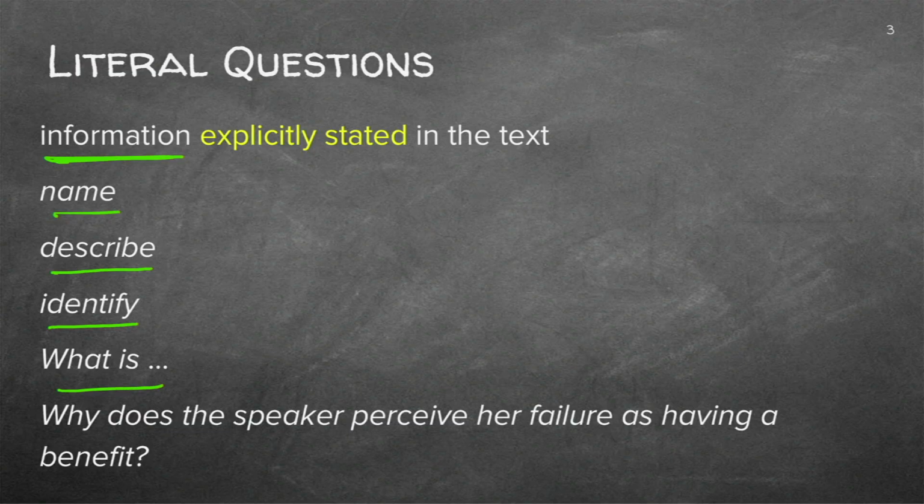There are five types of questions, but the literal and the reorganization are all part of category 1. With these questions the answers are actually explicitly stated in the text. You could just go and find them. For instance, why does the speaker perceive her failure as having a benefit?